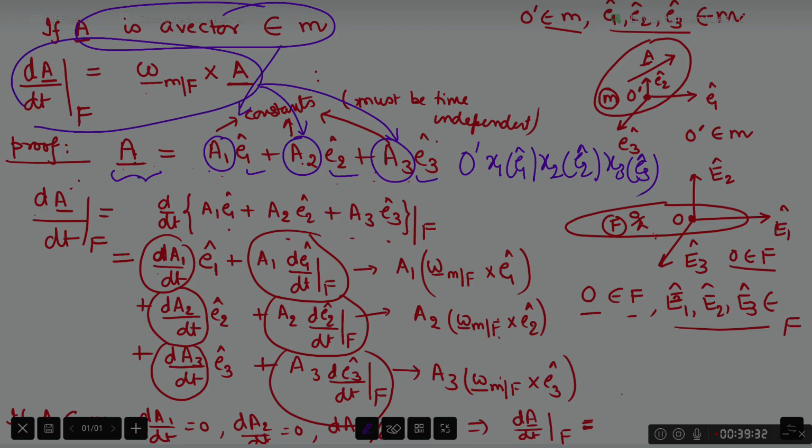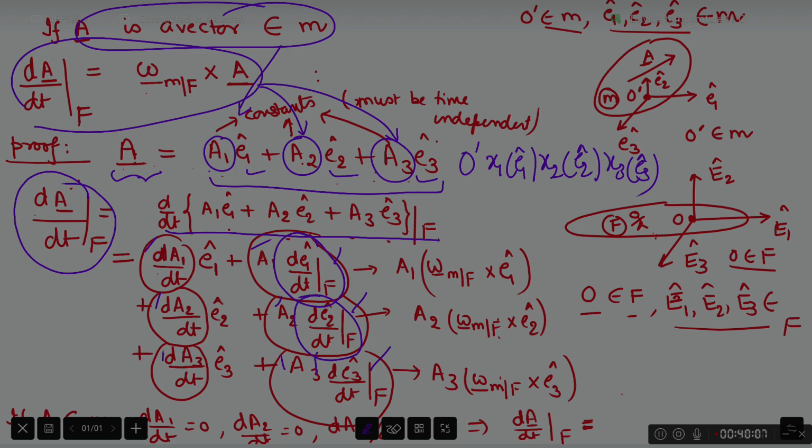So I write A in terms of small e1, small e2, small e3, and then I try to find the derivative of A with respect to F. So I hit the right-hand side with this operator. Applying the product rule of differentiation, I get 6 terms. These three terms which are appearing here all involve the rate of change of one of the unit vectors tied to the body.